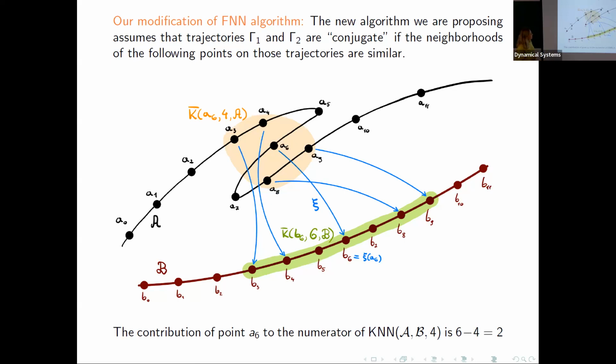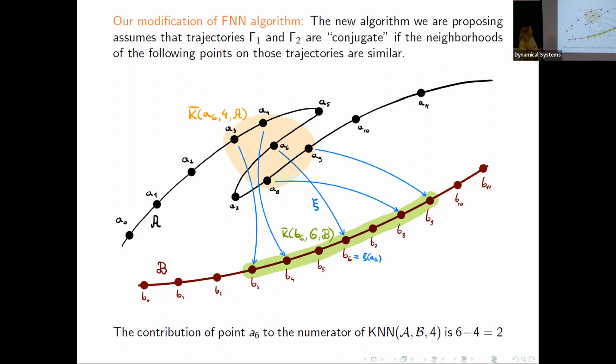So, for example, if I choose point A6 and I choose k equals 4, I look for the 4 nearest neighbors of this point A6 in A. So we have A3, A4, A8, and A9. If we want to check how similar they are by exact matching of indexes, that means that here I consider point B6, then B3, B4, B8, B9.